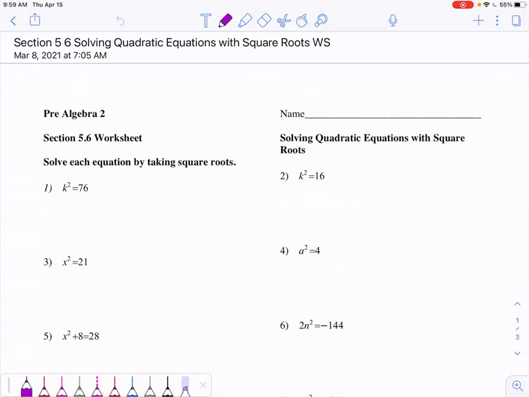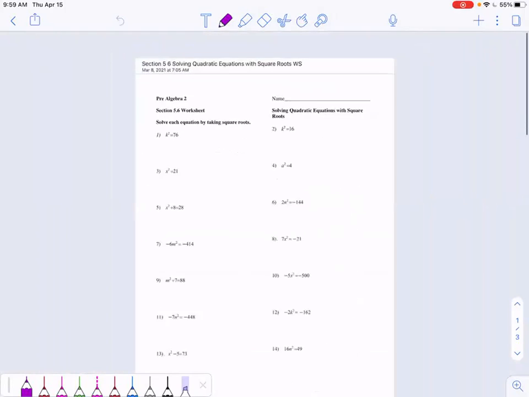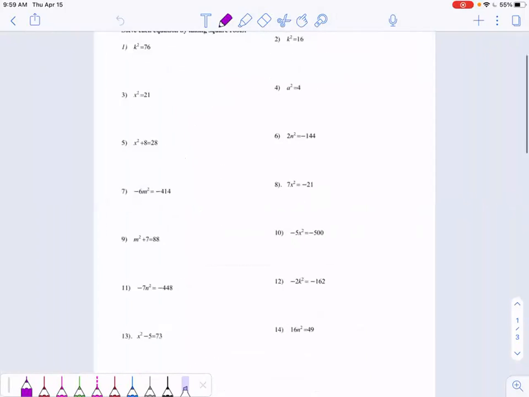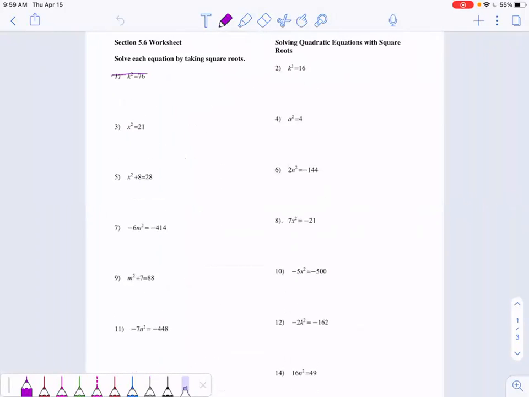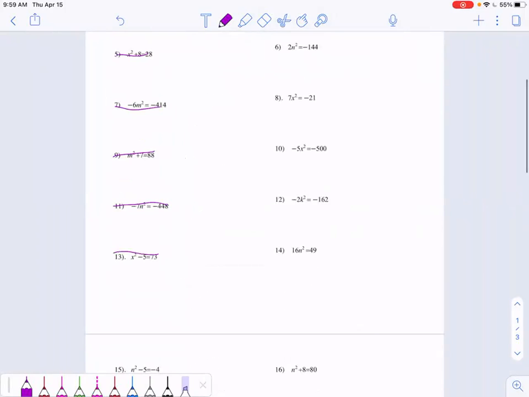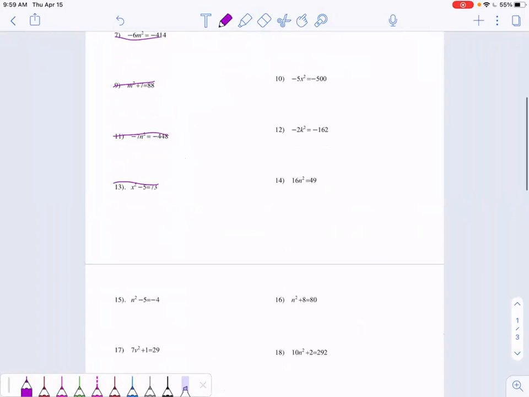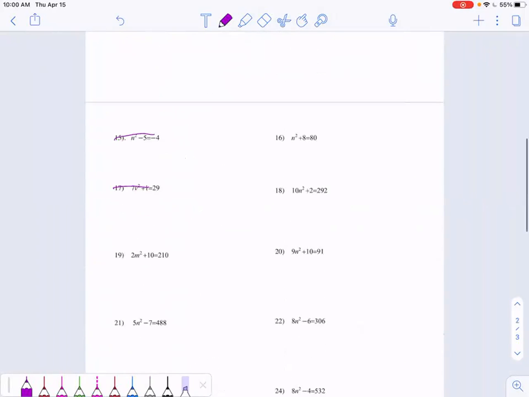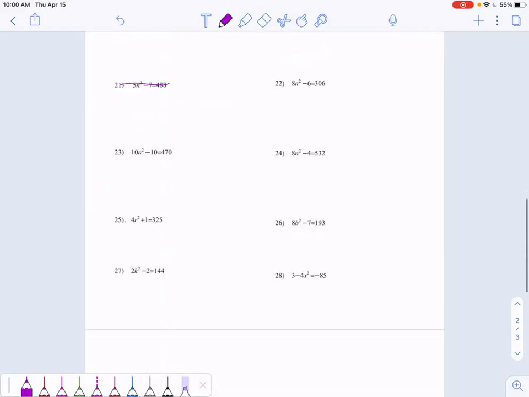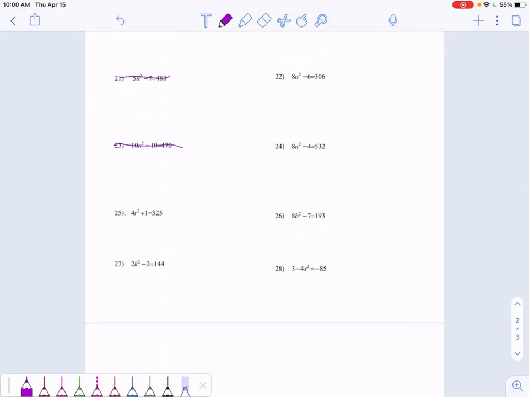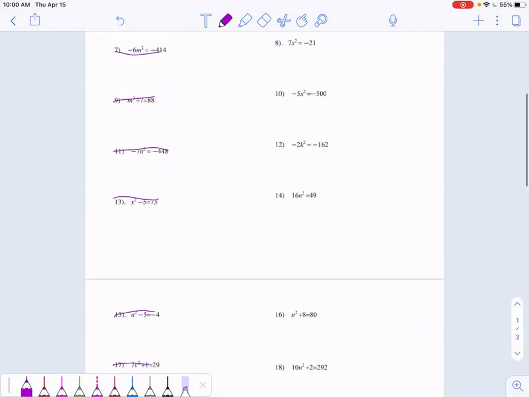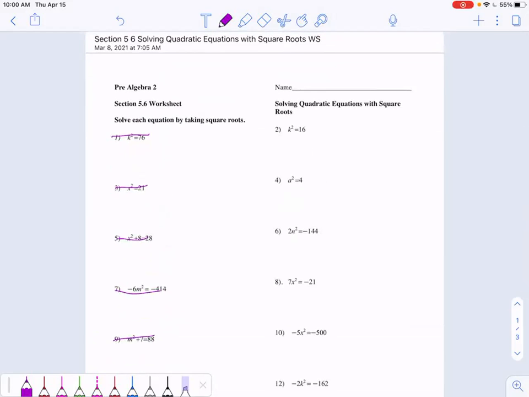So if you want to cross off the odds, we'll work through the even problems, some of those even problems. And the other thing we're gonna need to do is make our perfect square list.